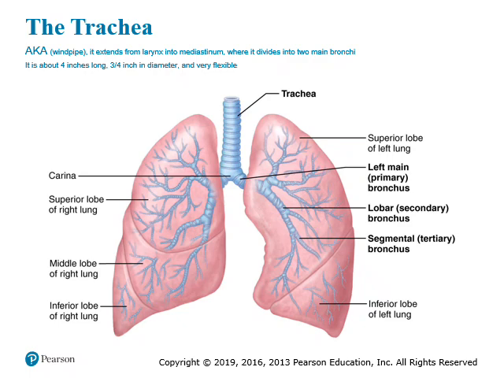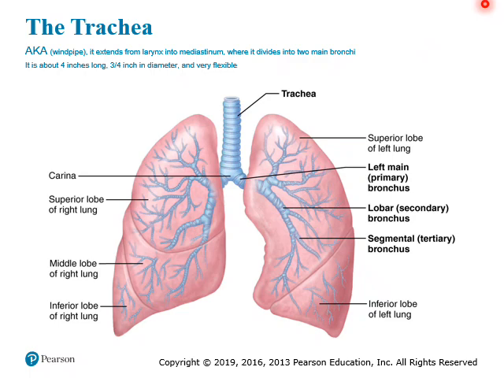There you go. And we go down, getting close to the lungs, but we're not in the lungs yet, we're into the windpipe. The windpipe extends from the larynx into the mediastinum, where it divides into two major bronchi.